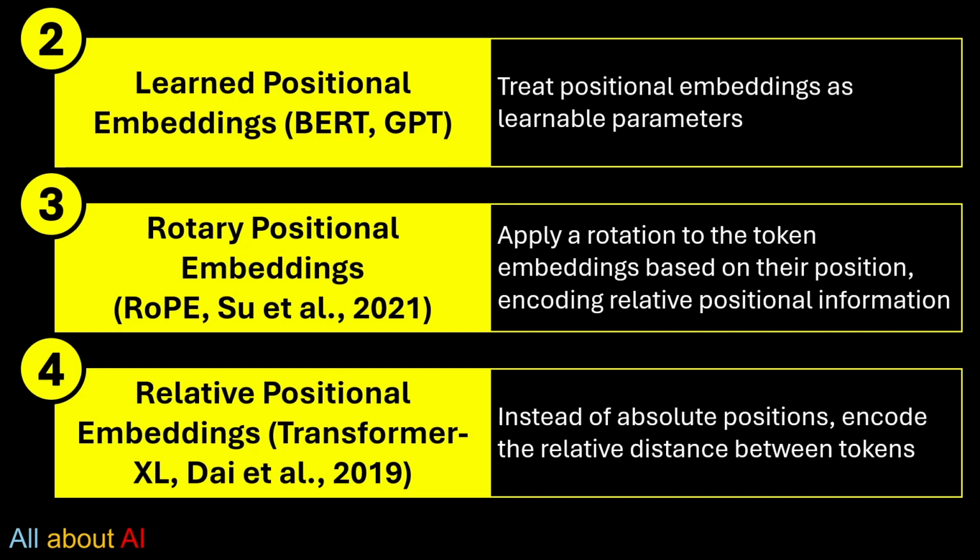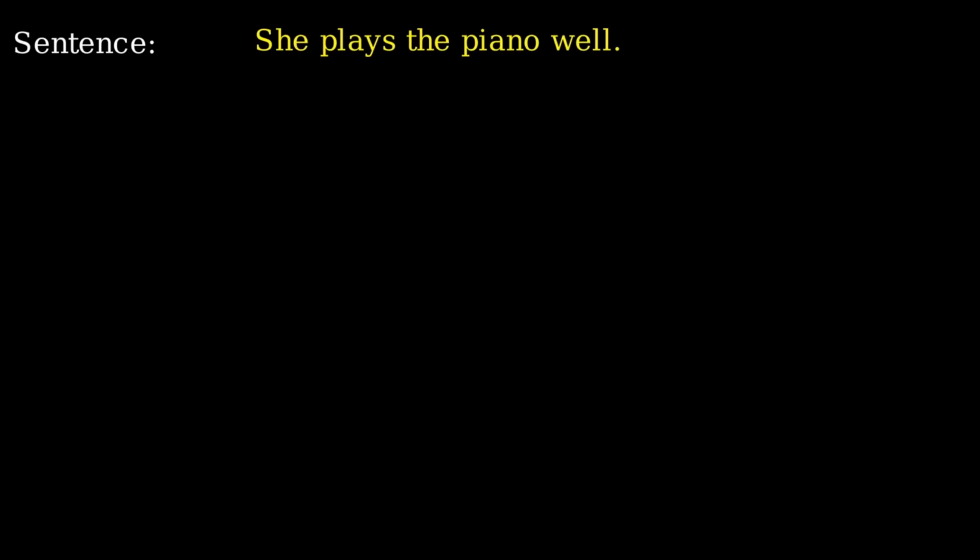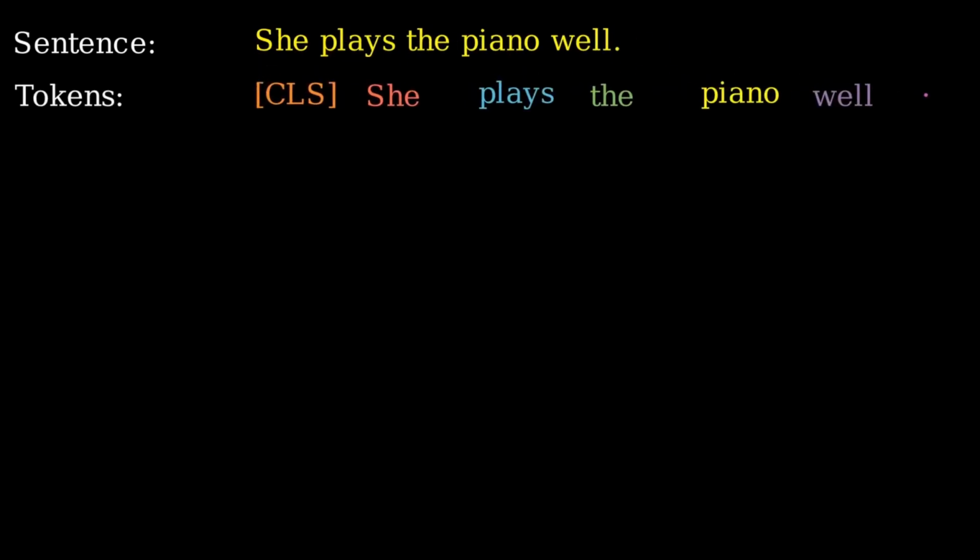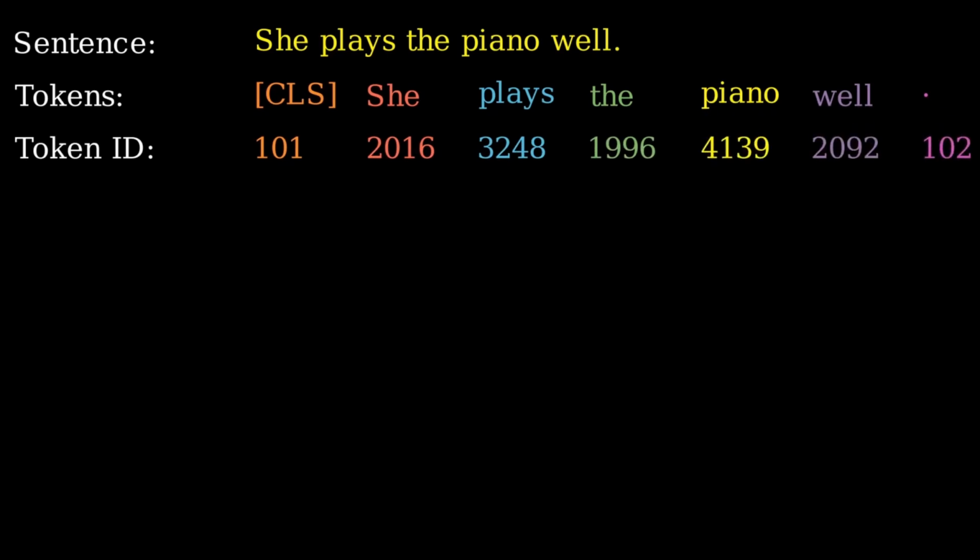Now, let's take a look at how this positional embedding and static embedding are combined together to derive the final combined embedding. If we check the overall flow of token embedding, it starts with static embedding followed by positional embedding. Let's go through the example of this sentence, she plays the piano well. First, we'll be converting all these tokens and assigning token IDs.